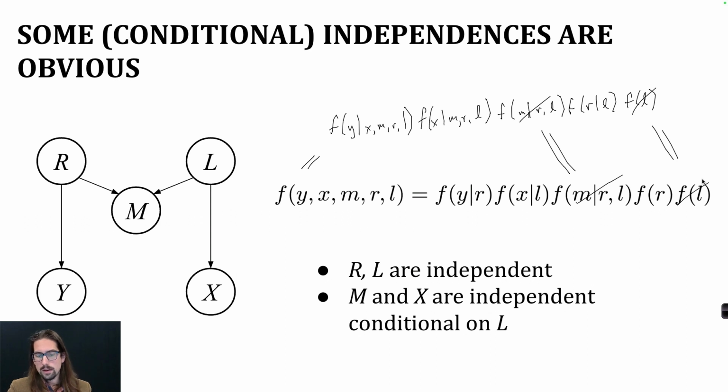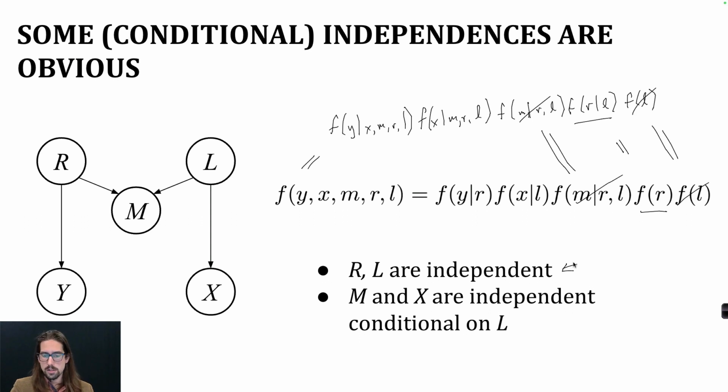You might start to see that here L and R are being conditioned on, so these densities do not impact these marginals. So you can start to see that this has to be equal to this, which means that R and L are independent, right? That's what's being said here.